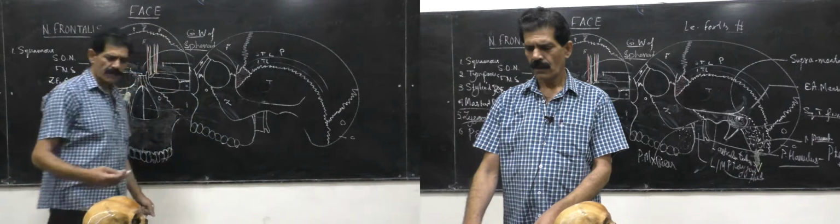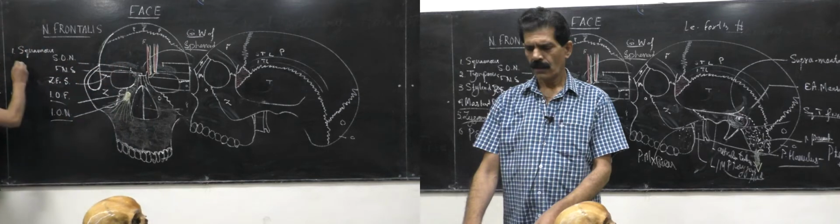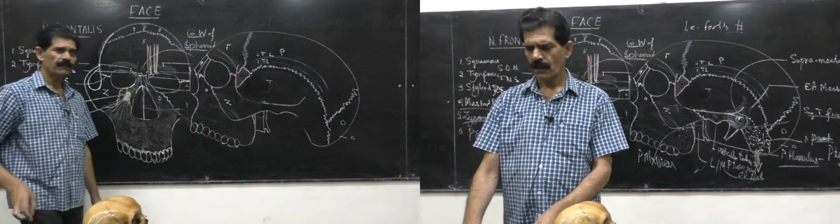Then the second part of the temporal bone is called the tympanic part. As you know, tympanic means tympanic membrane.